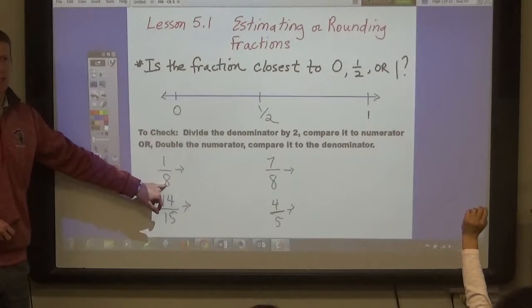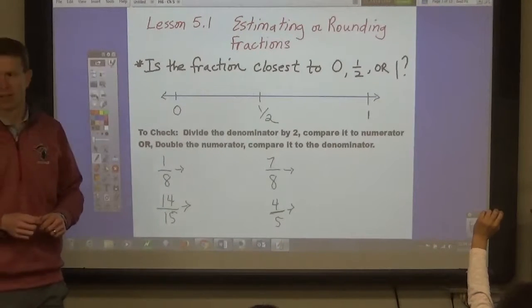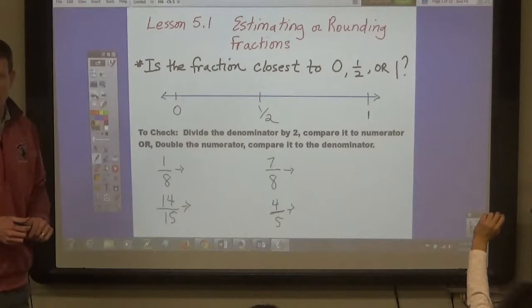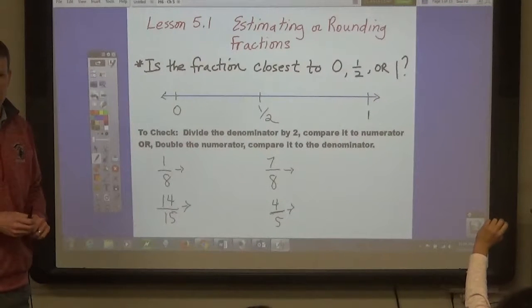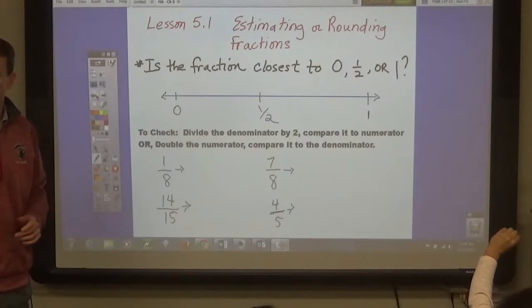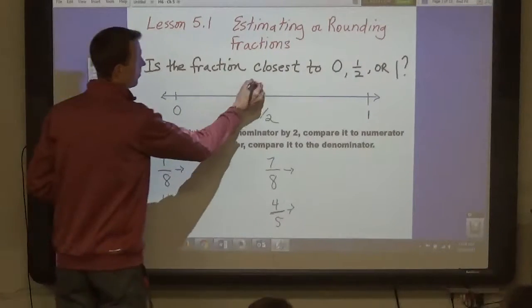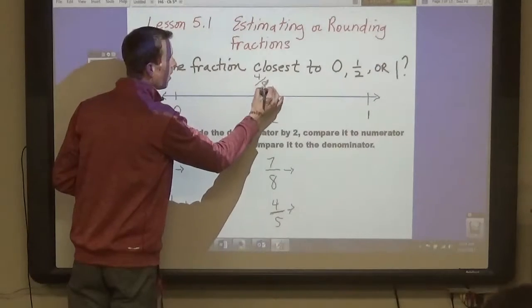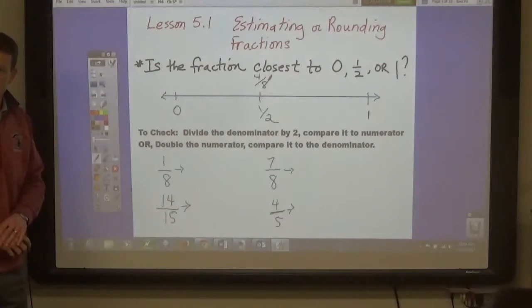What 8s would be half? What number numerator in terms of 8s would give us half? 4 8s. 4 8s would equal half, right?